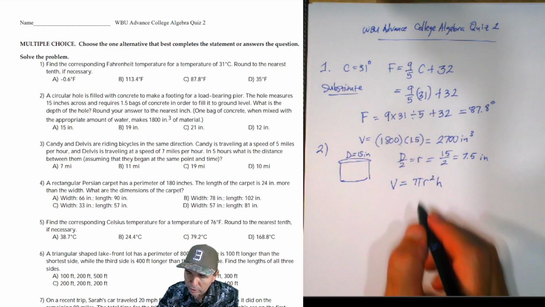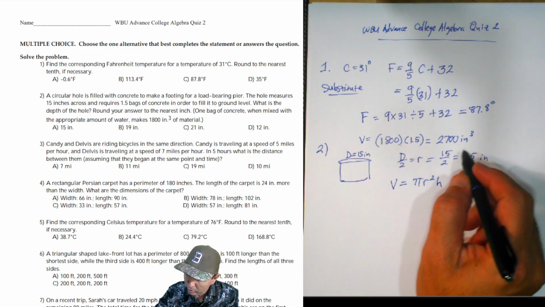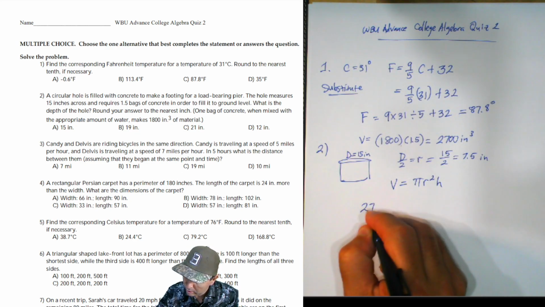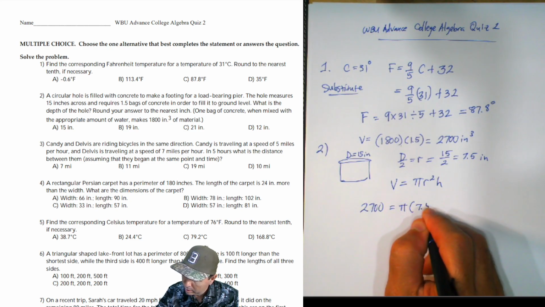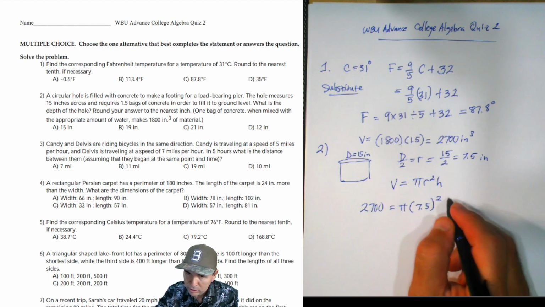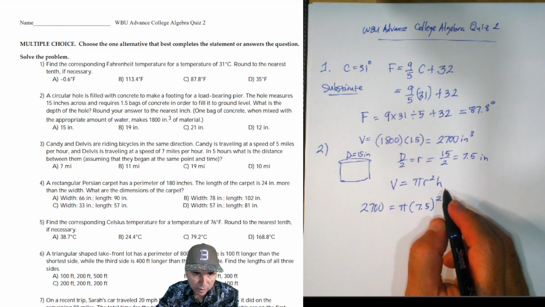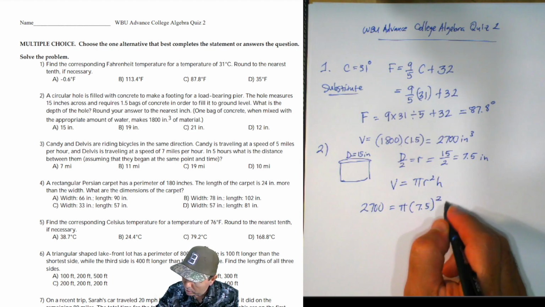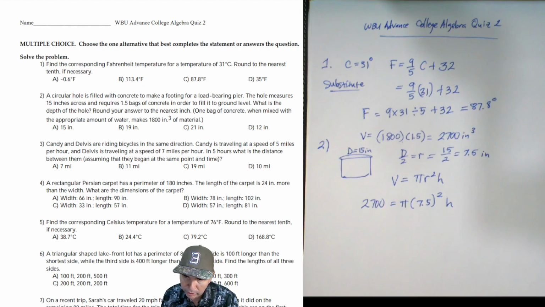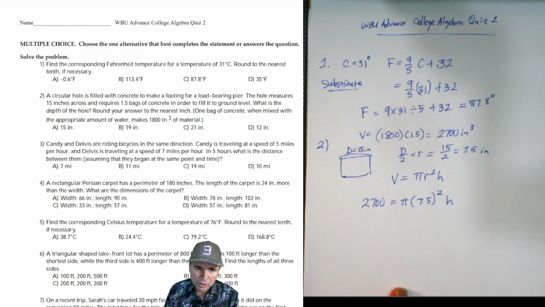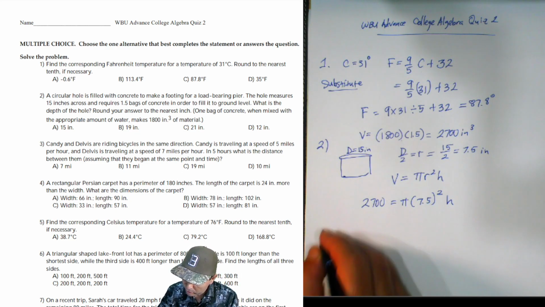And so I'm going to substitute that value for V, set it equal to pi r squared h, and solve for h. Okay? And I'll let you do the rest on your own. All you really need to do now is just divide the 2,700 by pi times 7.5 squared. Okay? All right, let's go to number 3.